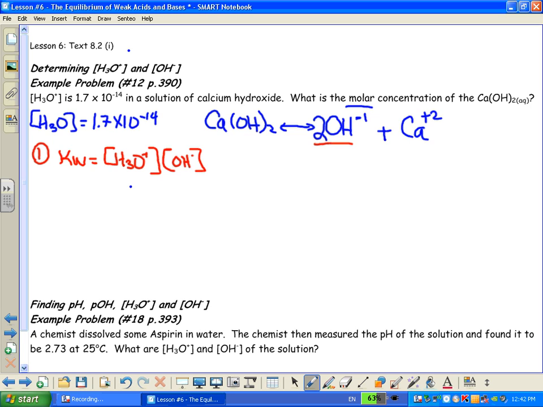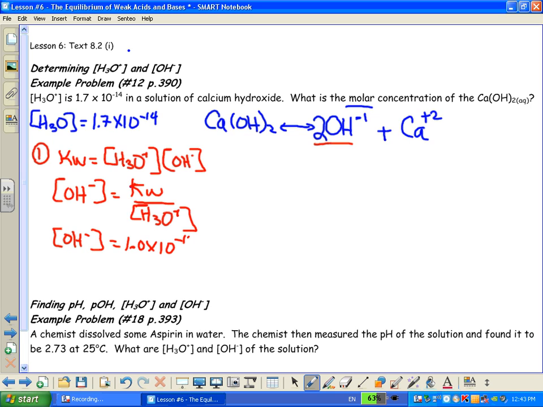We want to rearrange this equation so that we can find the concentration of the hydroxide ions. So we bring the concentration of hydronium ions to the other side, and we end up with the concentration of hydroxide ions is equal to Kw divided by the concentration of our hydronium ions. So let's substitute the values in that we have. Kw never changes, it's a constant, so it's going to be 1.0 times 10 to the -14.